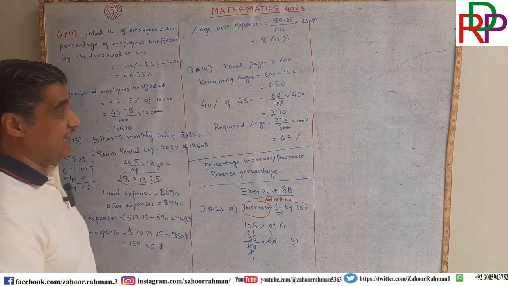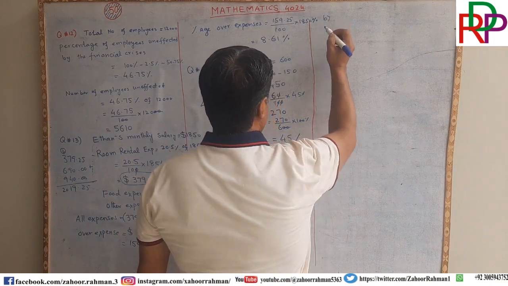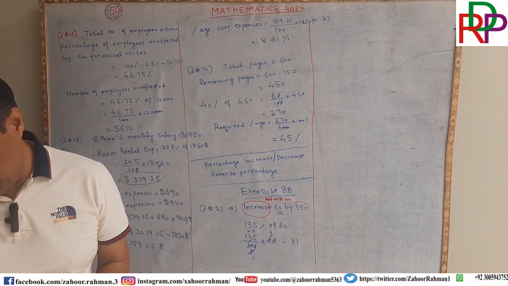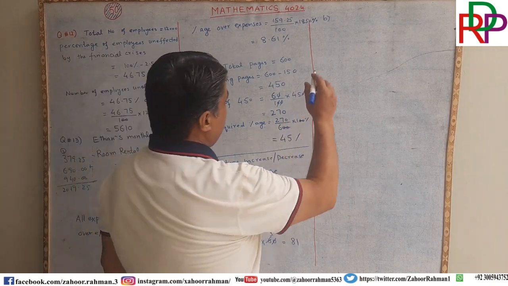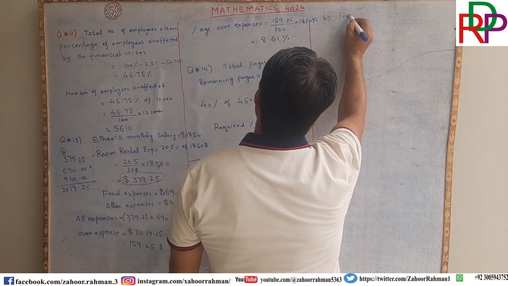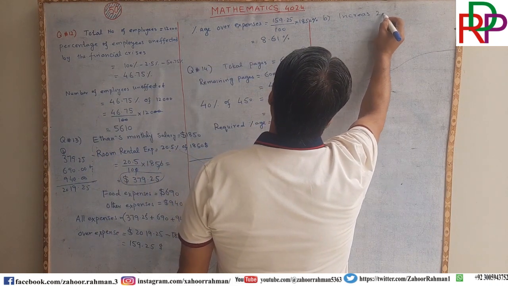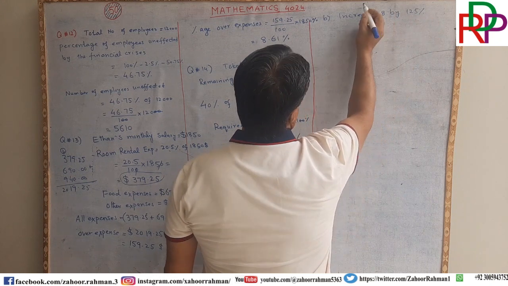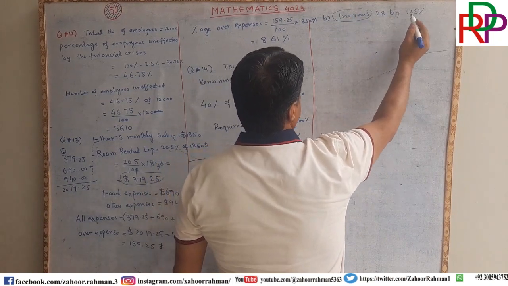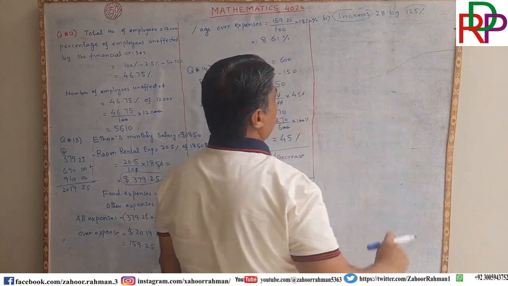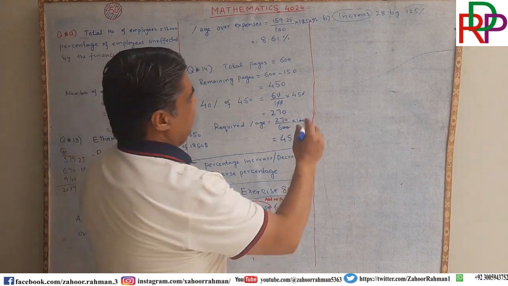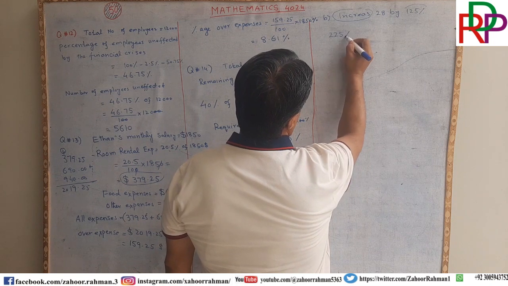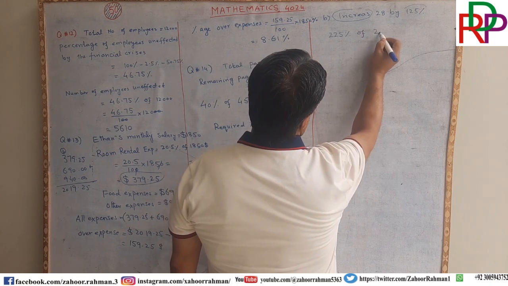If it is decreased, then you have to subtract that from 100. The first two questions are on increase. So the second part is saying increase 28 by 125%. Now again we are seeing, so we have to add 100% to this, and we will get 225% of 28.